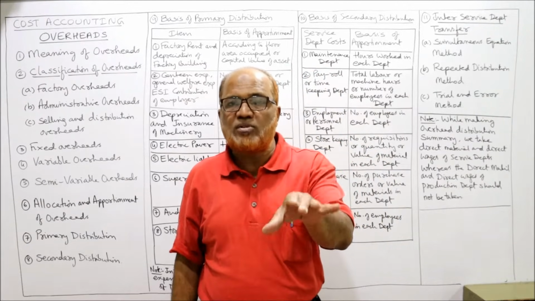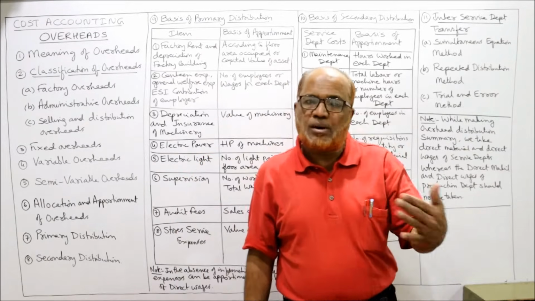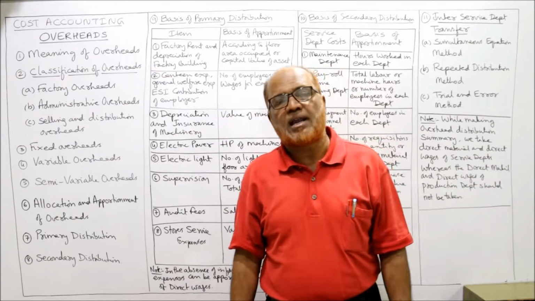Apart from the expenditure which is specifically incurred on making the sofa set, some more expenditure has to be incurred indirectly.